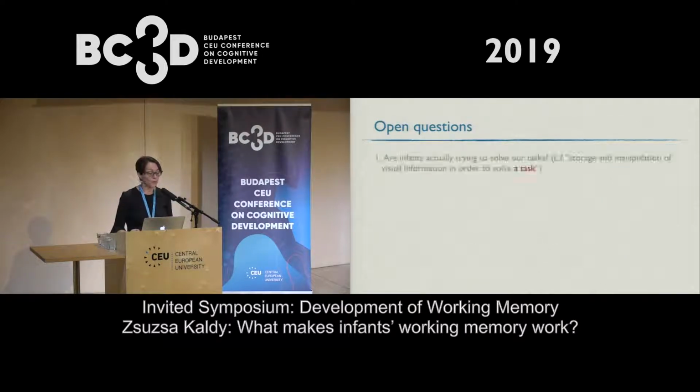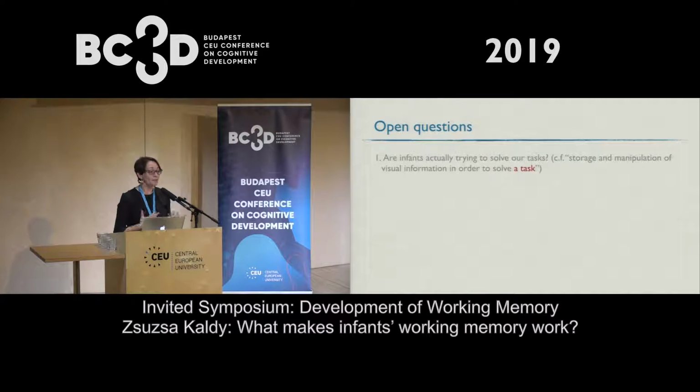I'm going to go on to the open questions. So what I'm going to talk about today is 2 questions. I want to argue that, first of all, given that definition that I gave you of visual working memory, can we actually see that our participants are trying to solve a task? We're showing them stimuli.